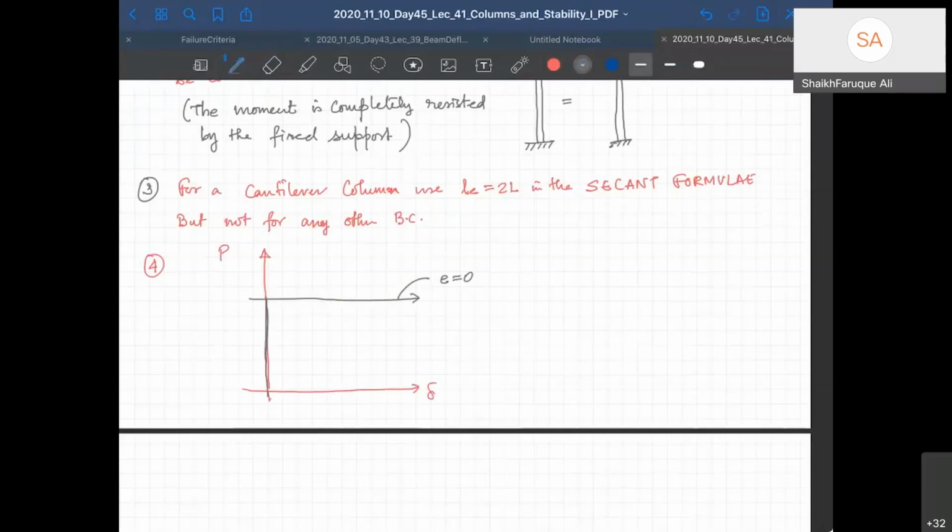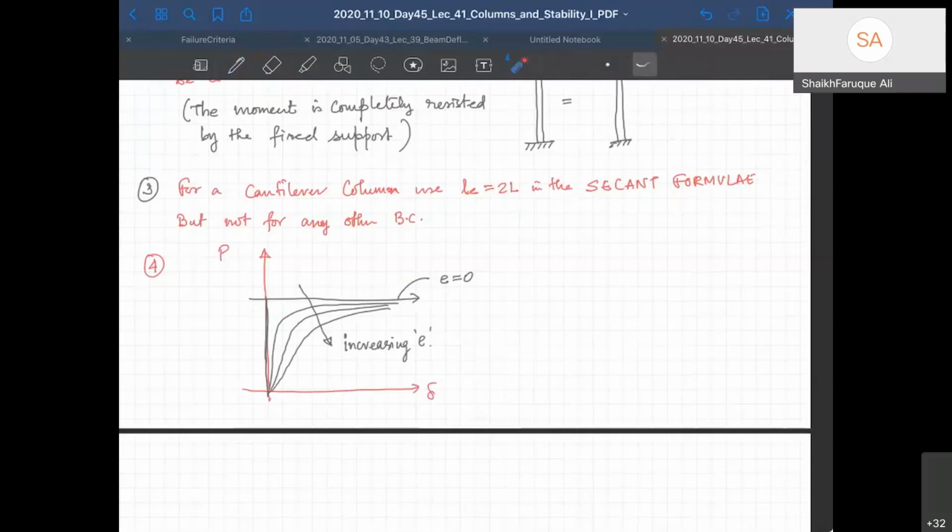For E equal to some value, it will look like this. This is increasing E. That's how the curve looks.